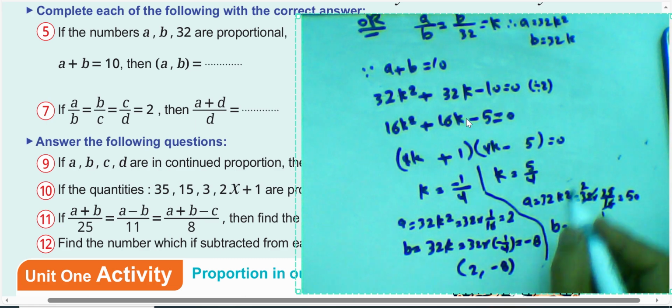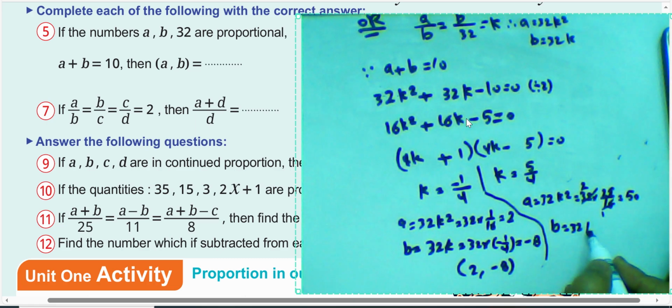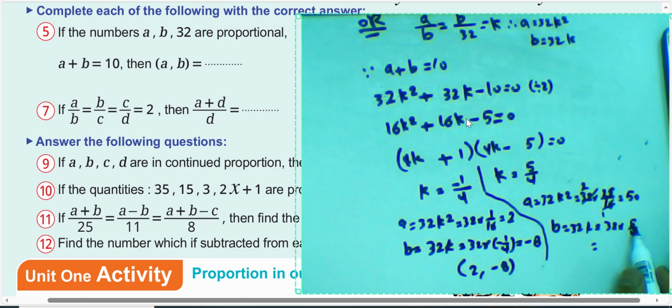The value of b equals 32k, so 32 times 5 over 4. 32 divided by 4 equals 8, and 5 times 8 equals 40. The order will be 50 and 40. About a and b, we have two solutions: 2 and negative 8, or 50 and 40.